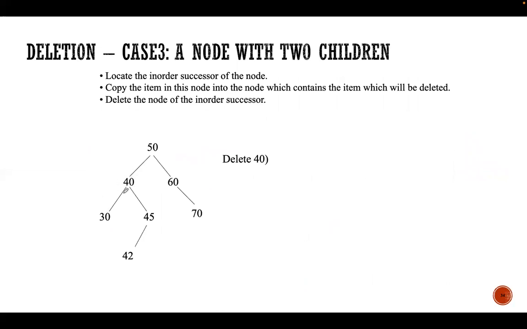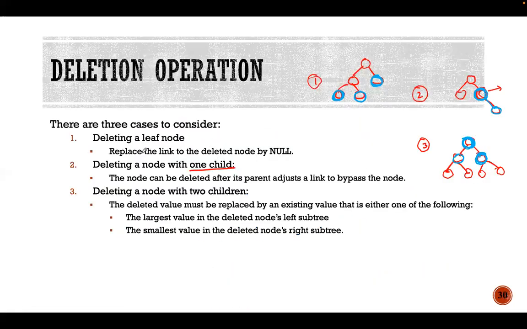When we are going to delete the node 40, we have to pick a node with which we can replace this value 40. We can pick the largest value in the deleted node's left subtree or the smallest value in the deleted node's right subtree.